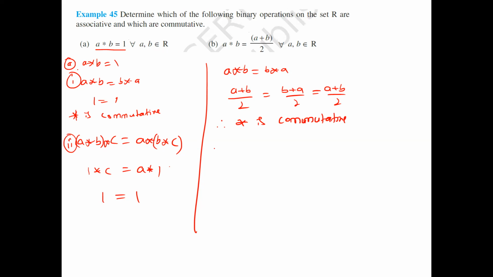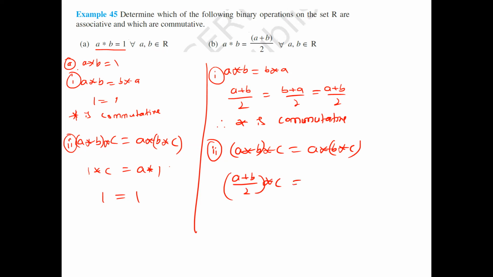Next, how to check the associative? You can write (A star B) star C. First, I put the first two in brackets, then the last two. Now, what is A star B? (A plus B) by 2, star C. Here in place of A it is this whole quantity, in place of B this value.